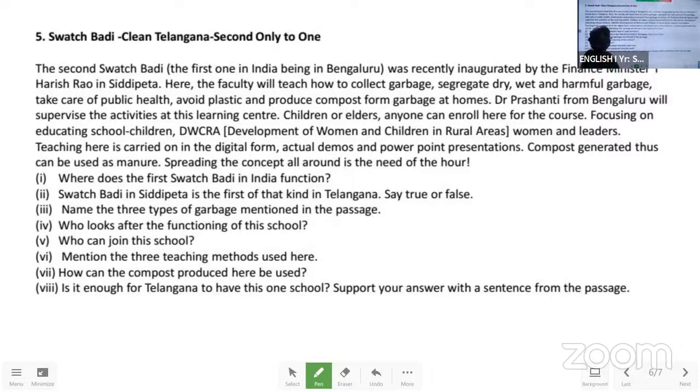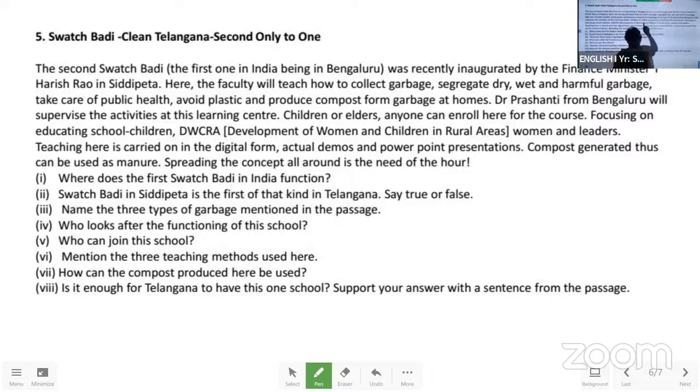Here, the faculty will teach how to collect garbage, segregate dry, wet, and harmful garbage, take care of public health, avoid plastic, and produce compost from garbage at homes.